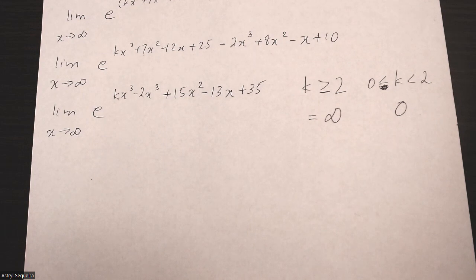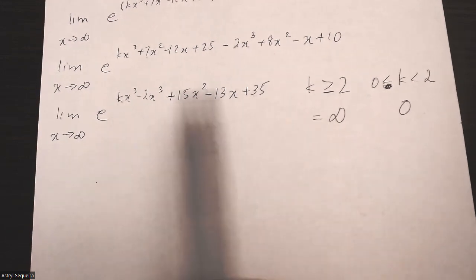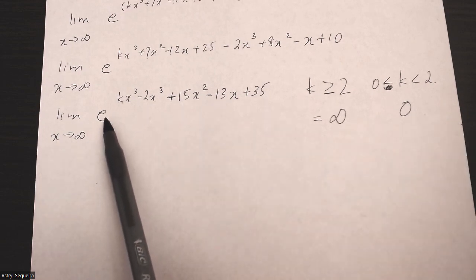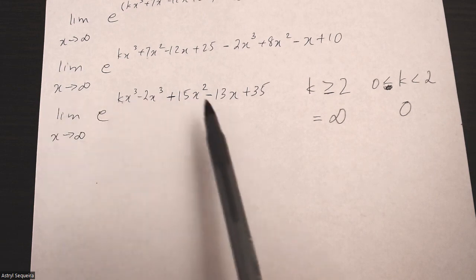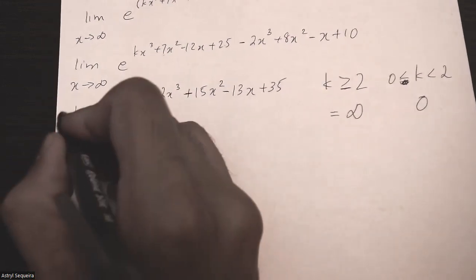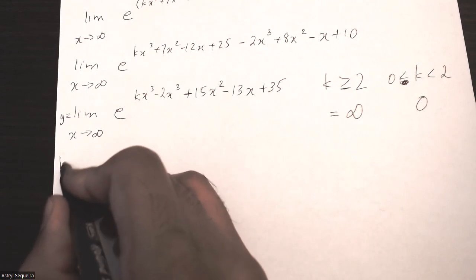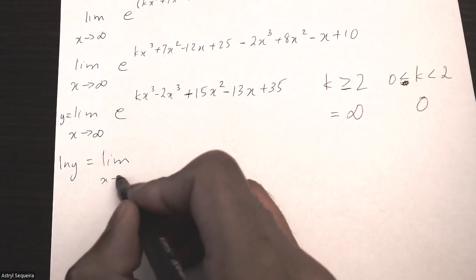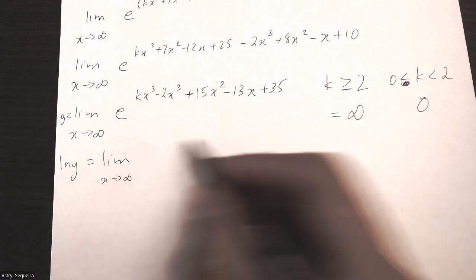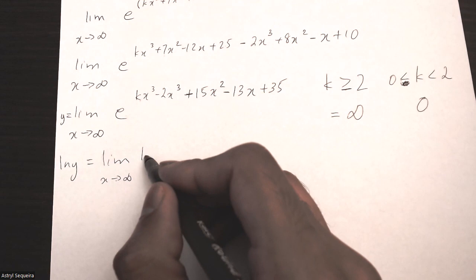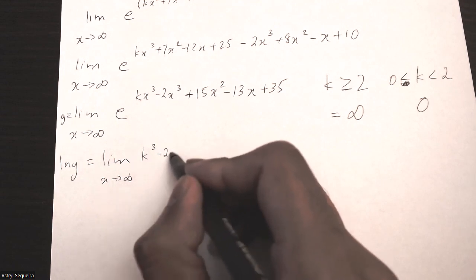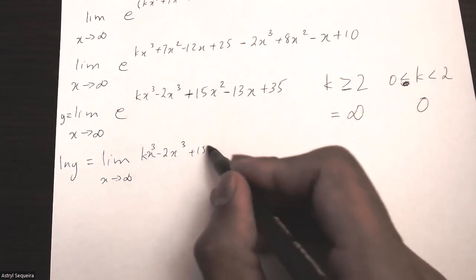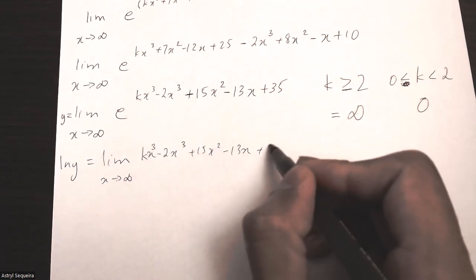Now, is there an easier way to represent this? Potentially you could ln both sides, but I think that would require implicit differentiation. If I pretend this is y equals, and ln both sides, the ln and e will cancel on this side, and I'll just have the same basic equation, kx cubed minus 2x cubed plus 15x squared minus 13x plus 35.